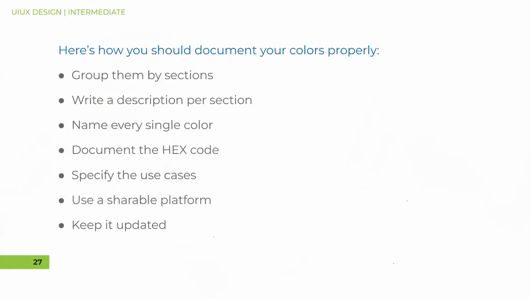Okay. All right. So here is how you should document your colors properly. This is a format we should all take note of. Group them by sections. Then write a description per section. Then name every color. Then document the HEX code. Specify the use case.